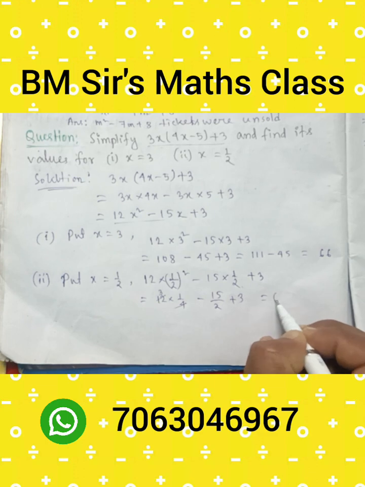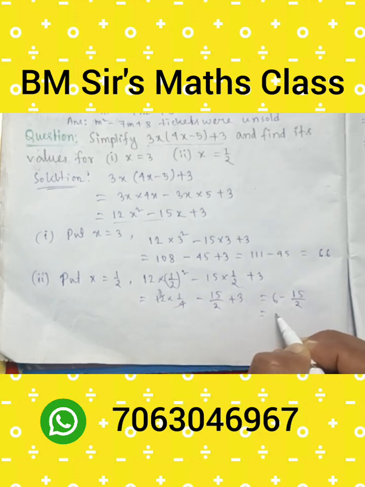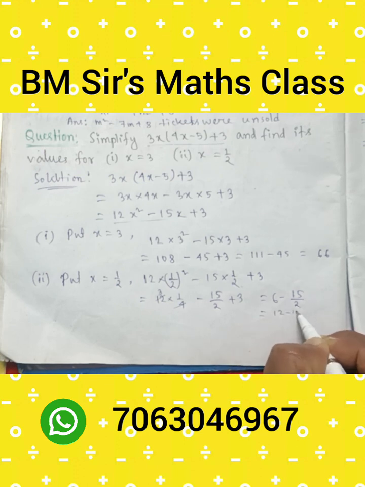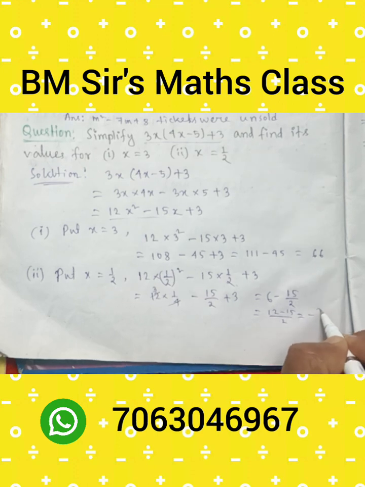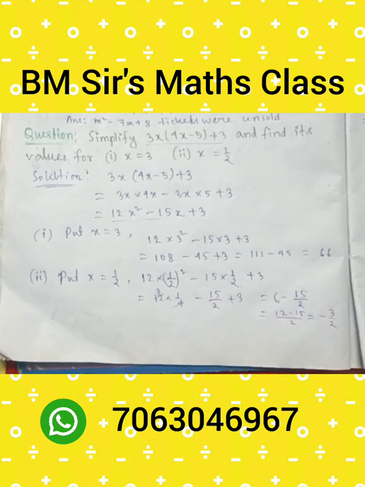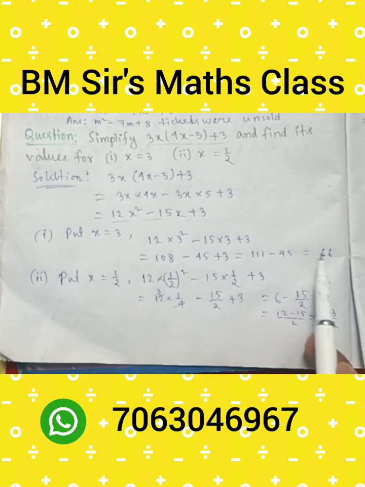So it is 6 minus 15 by 2. If you simplify it, you'll get 12 minus 15 by 2, that means minus 3 by 2. It is the answer. So for x equal to 3, you'll get 66, and for x equal to half, you'll get minus 3 by 2.